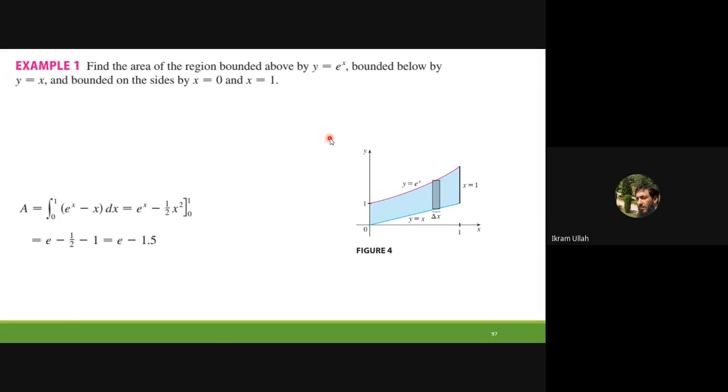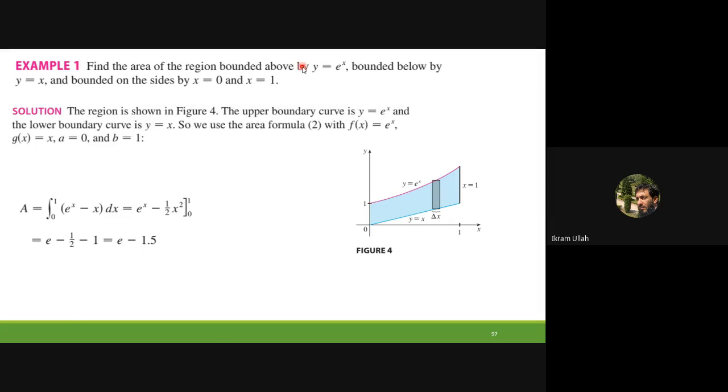For example, find the area of the region bounded above by y is equal to e to power x, bounded below by y is equal to x, and bounded on the sides by x is equal to 0 and x is equal to 1.